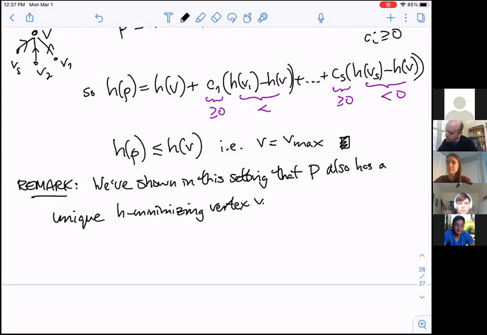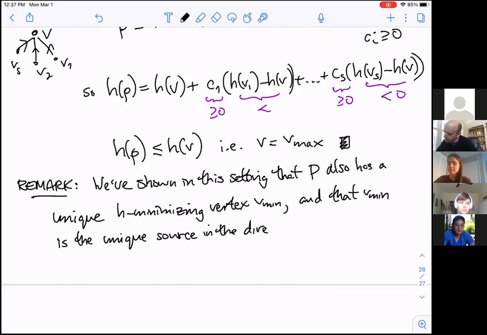Let's call that V min. And that V min is the unique source for this directed graph. Source again just means out degree is positive, or at least non-negative, but the in degree is 0, so nothing coming in.